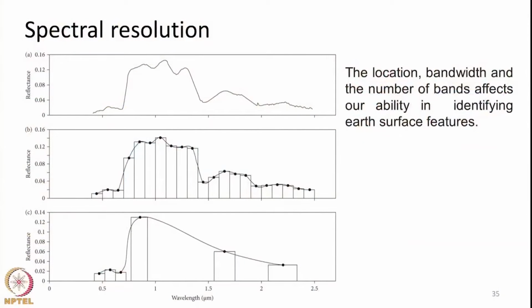So, this slide is another example of the importance of spectral resolution. Here this is the spectral reflectance curve of vegetation. This is how it will look for different wavelengths. This is the reflectance. Let us say we are collecting data using a fine spectral resolution sensor with multiple bands.